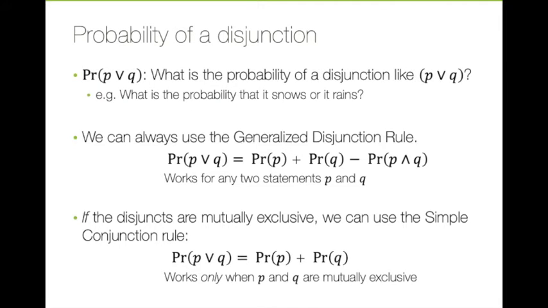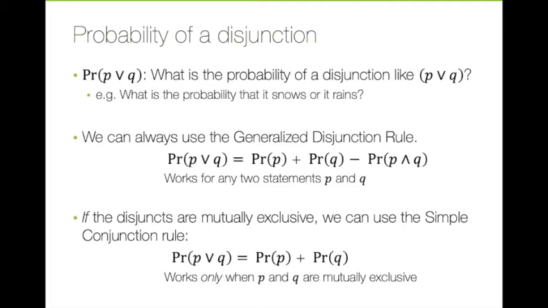Remember that what's distinctive about probability calculations is that sometimes, if you want to get the probability of a complex sentence, you have to know the probability value for another complex sentence.